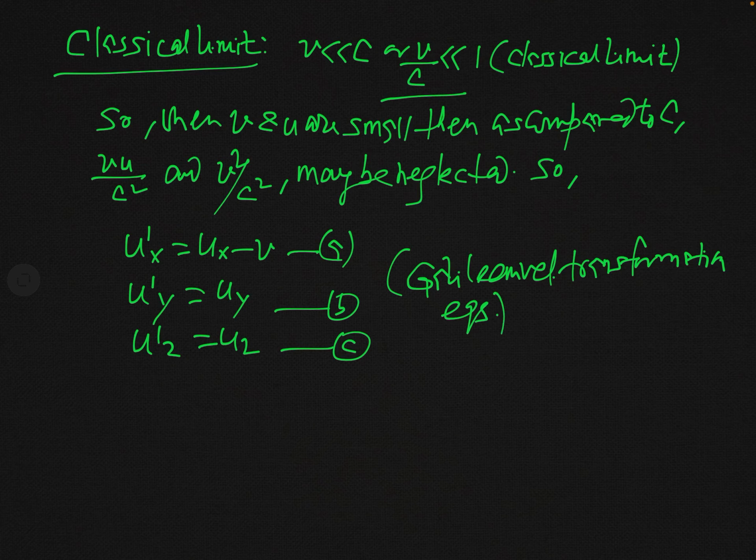And so you can see when we impose this classical limit condition that v over c is much smaller than 1, then our relativistic velocity transformation equations change into their classical equivalent, which are the Galilean velocity transformation equations. So this fact is also verified here, and this is all about the relativistic velocity addition theorem, or you can say the relativistic velocity transformations.